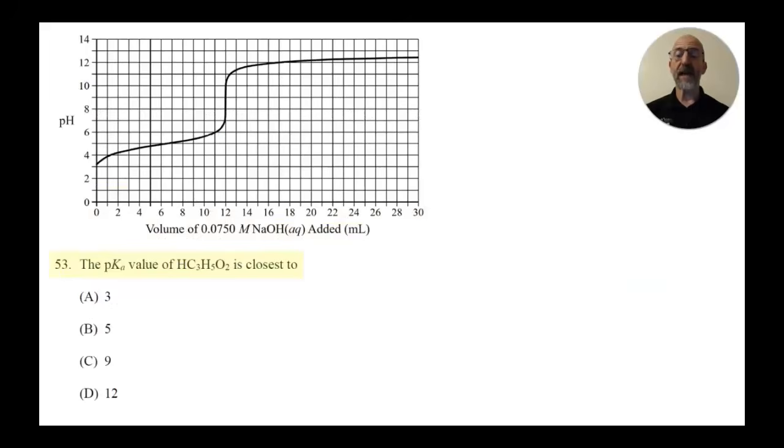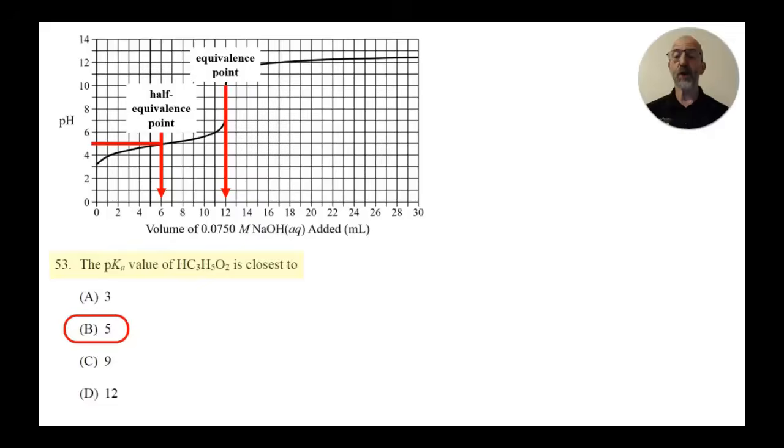So where is the location of the equivalence point on this titration curve? Well, that would be after 12 milliliters of the sodium hydroxide is added. So half of 12 would be 6. So at 6 milliliters, that's the half equivalence point. And so what is the pH of the solution at the half equivalence point? It looks like it's approximately 5. So the correct answer to question 53, the pKa value of propanoic acid, is closest to 5.